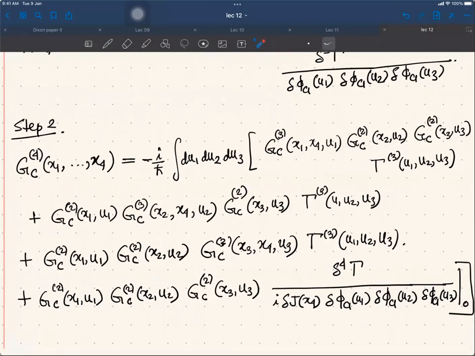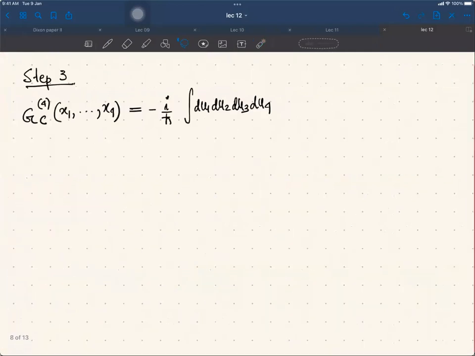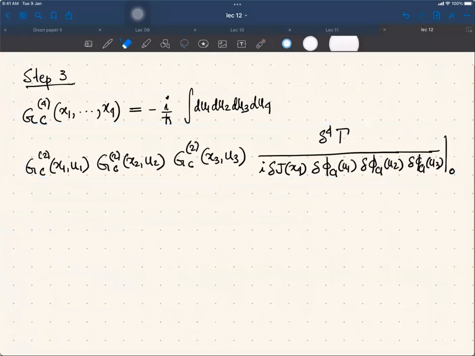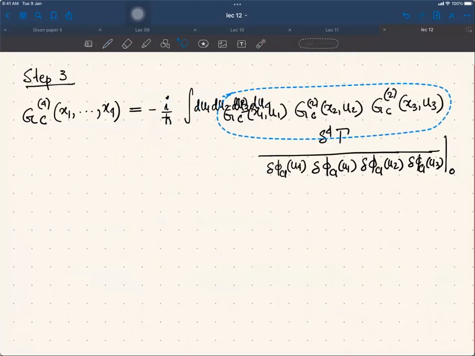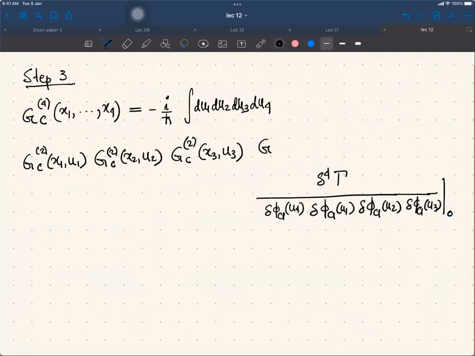So we will have the same terms except that now I will have a del phi cl at u4 and there is a factor of g2c x4 u4.